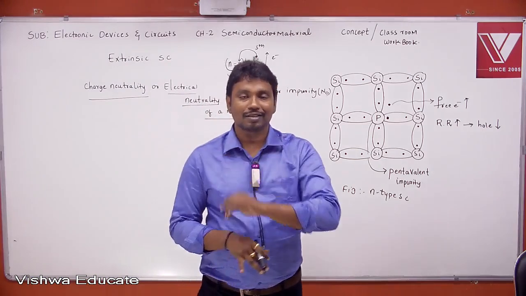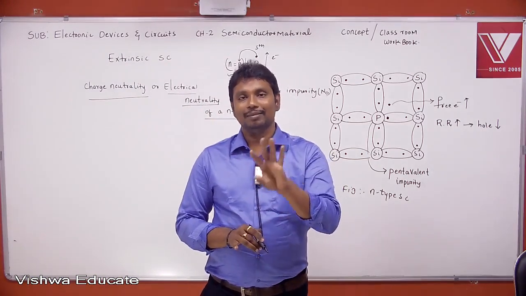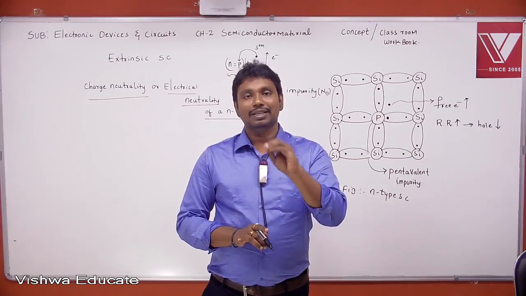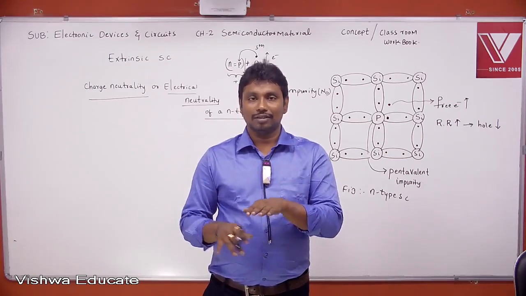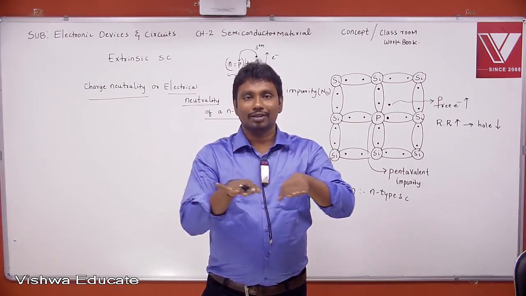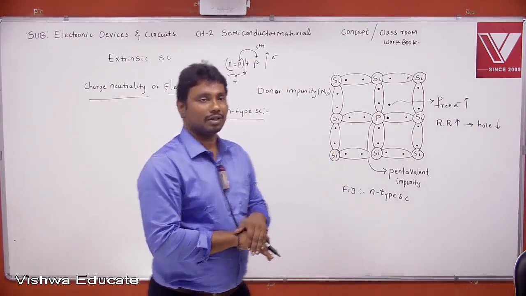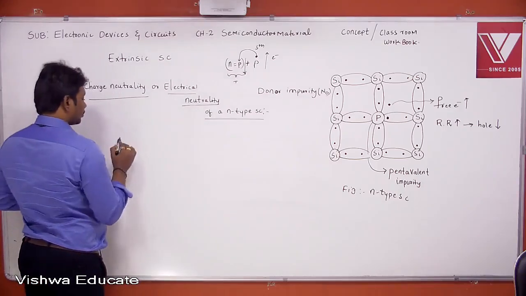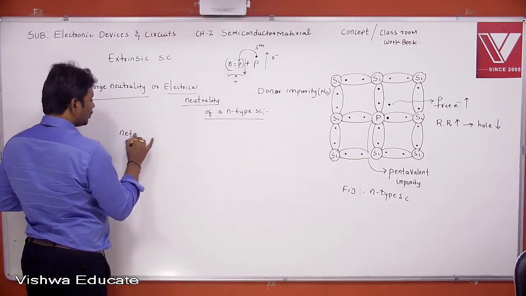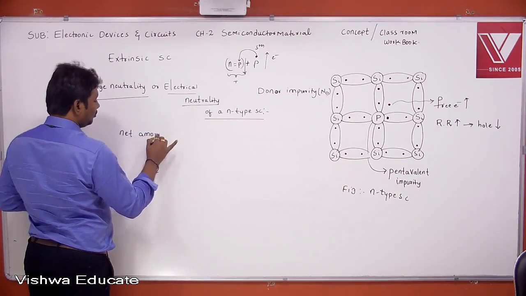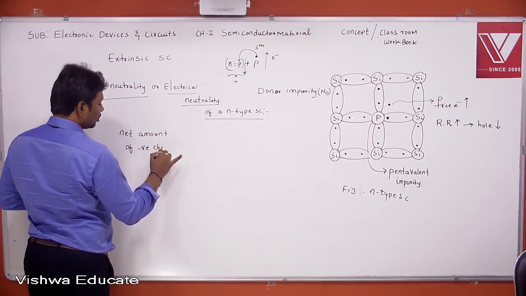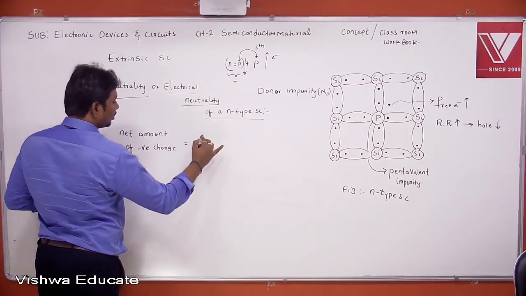Not only in the entire semiconductor, in case of any material, it must satisfy the charge neutrality. That means the net amount of negative charge equal to the net amount of positive charge. Here, what is the net amount of negative charge in the entire semiconductor?